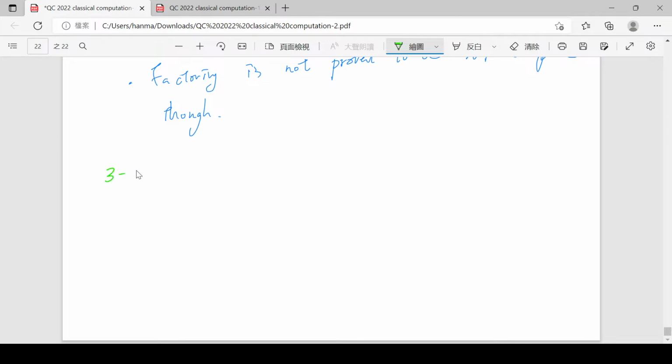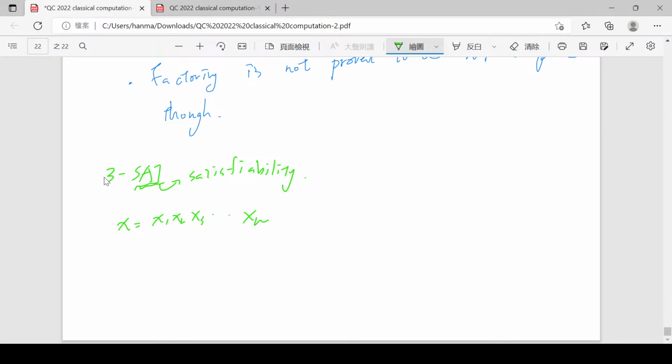So 3-SAT, where SAT stands for satisfiability. You take an input string, so we think of the input as x1, x2, x3, up to xn. We want to see whether things are satisfied, and so there are clauses.